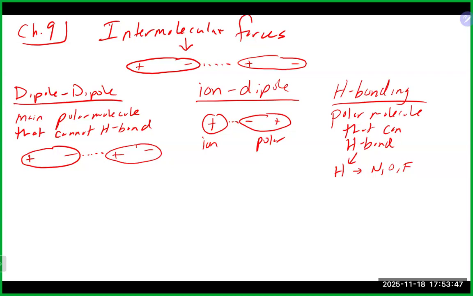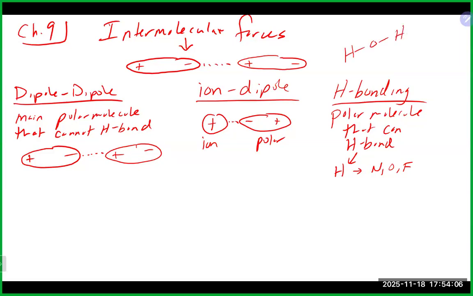So you need a hydrogen that is directly attached to those. Again, on the periodic table, that's our three big electronegative elements up there. And that's going to create a really good polar bond, which is going to create a separation of charge and allow them to interact with each other.